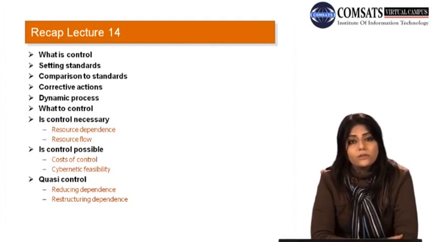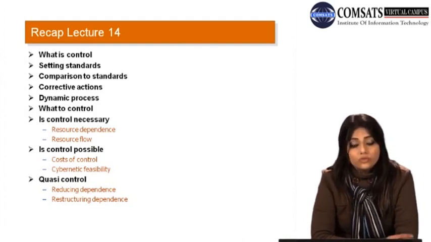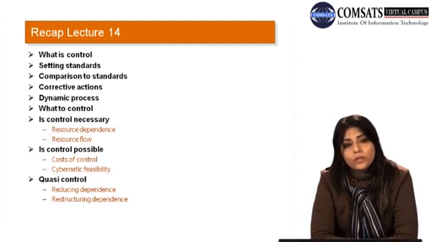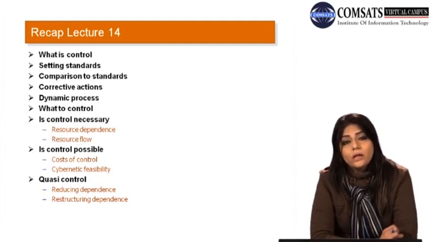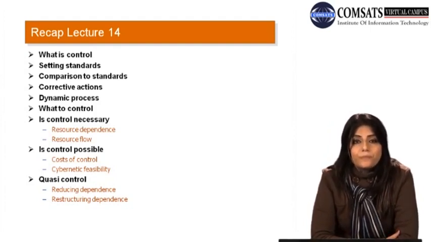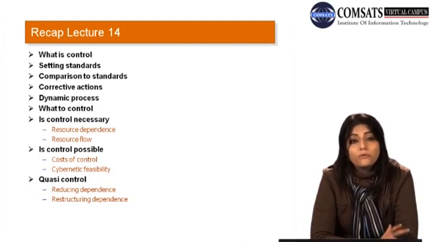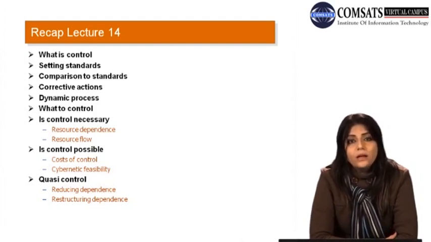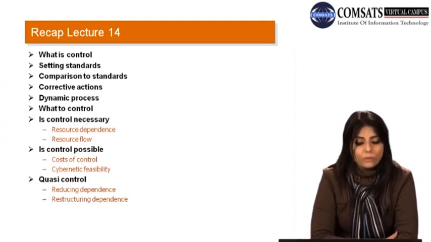So the higher the degree of dependence on a resource, the more control is necessary, and the same goes for the resource flow. If you are critically dependent on a resource, you need to have higher controls on its flow as well. You have to control the flow of the resource that is important for you or your company. So we had a discussion on these two aspects of the necessity of control.